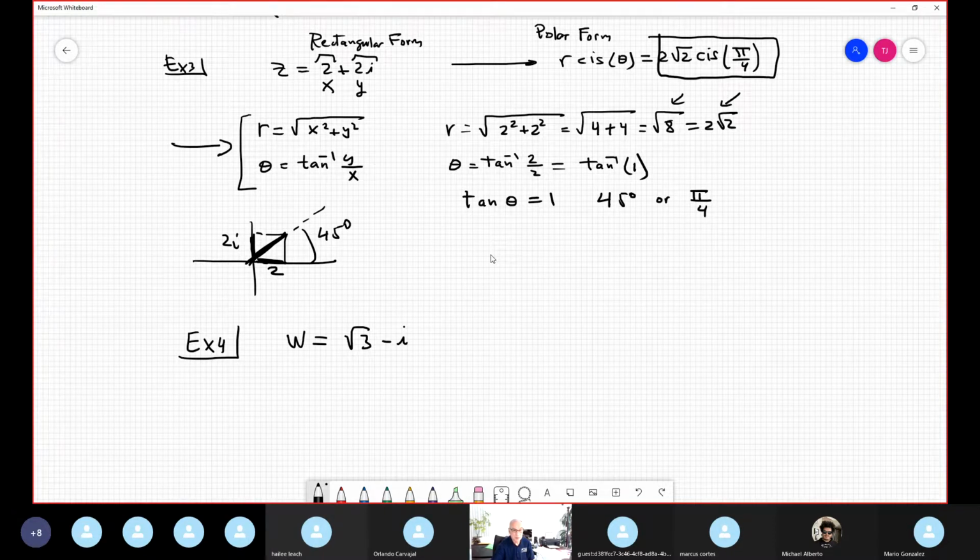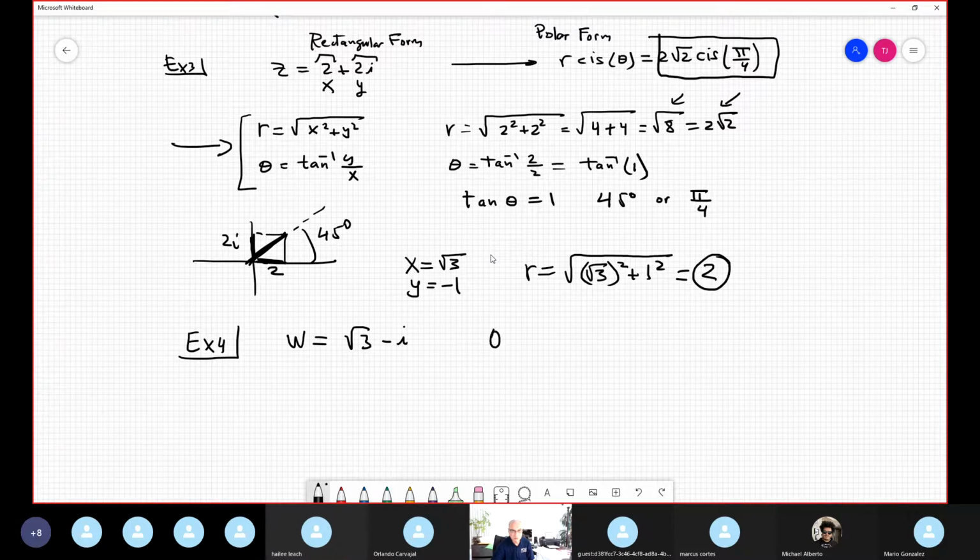I identify immediately x is radical 3 and y is negative 1. Therefore, r is equal to the square root of radical 3 squared plus 1 squared. 3 plus 1 is 4, right? The square root is 2. So r is 2.